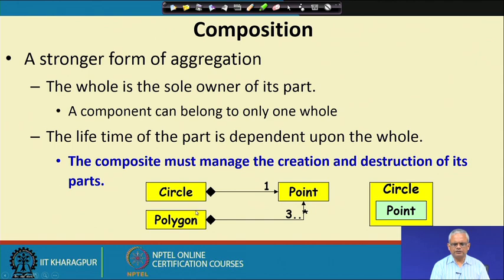So, here in composition, the composite class manages the creation and destruction of its parts. This is unlike the aggregation relationship, where the aggregate class may create the component classes, but it does not destroy them. So, their lifelines are different.